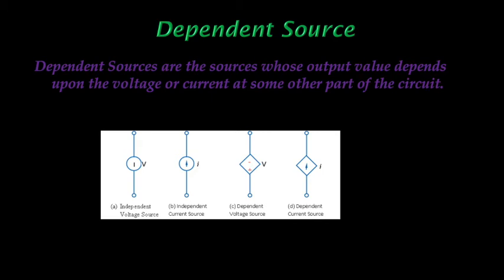A dependent voltage source is indicated with a diamond shape and is used as equivalent electrical sources for many electronics devices such as transistor and operational amplifier. This figure is independent voltage source and this is independent current source, dependent voltage source and dependent current source.